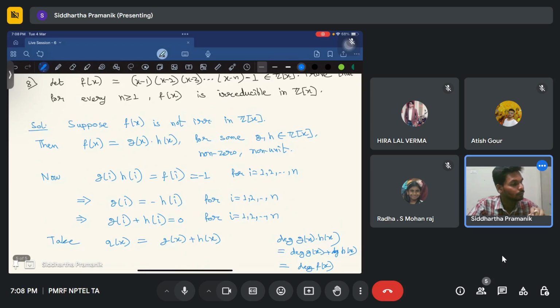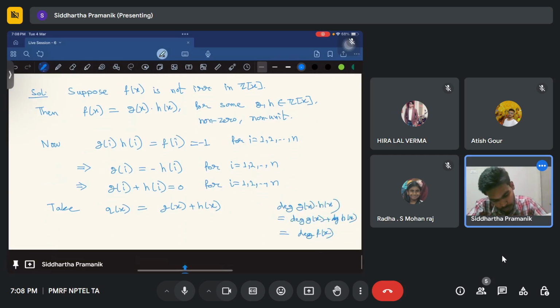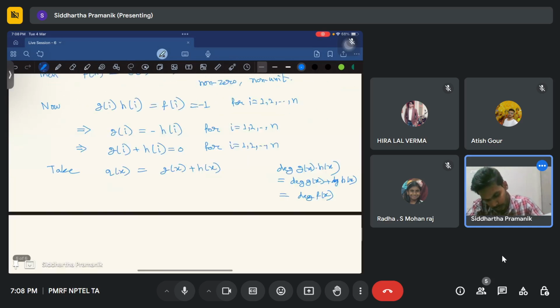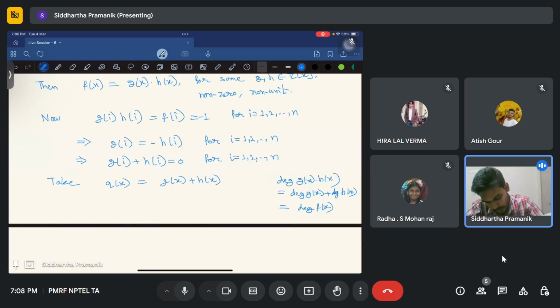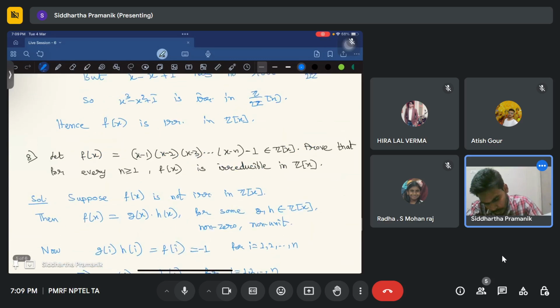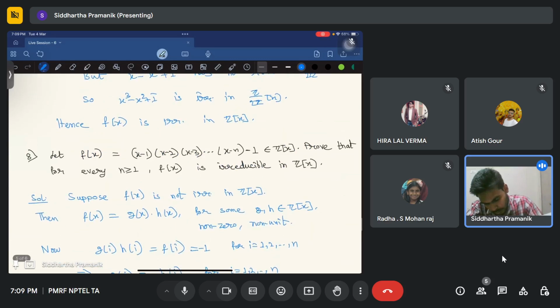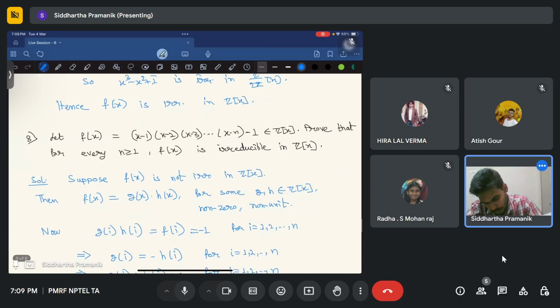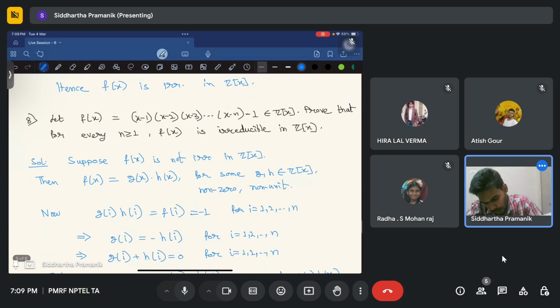Am I making some mistake? So what is the degree of q(x)? Is it n or what? So we need to take x one more.